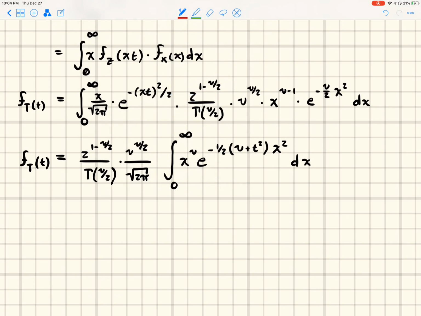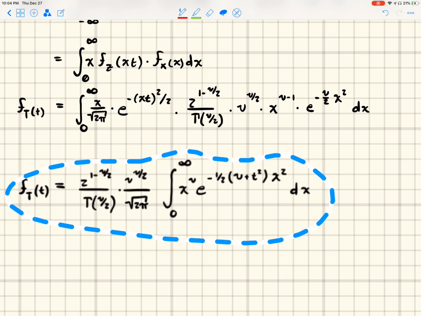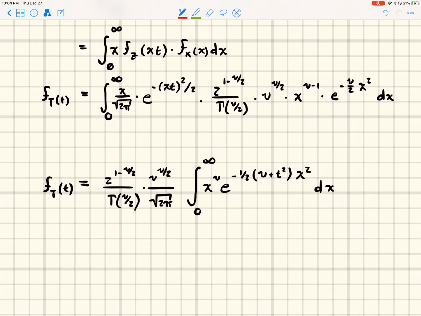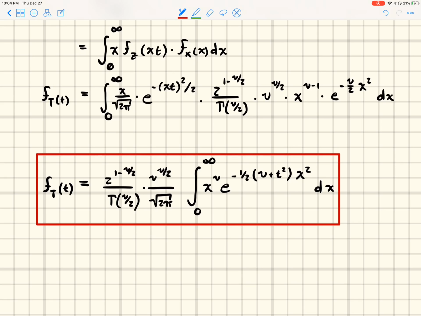And this is an integral form of the probability distribution function of student's t distribution. So I'm just going to put this in a box because it is fairly nice. It's a fairly nice answer. And next we're going to actually evaluate this improper integral on the right-hand side.